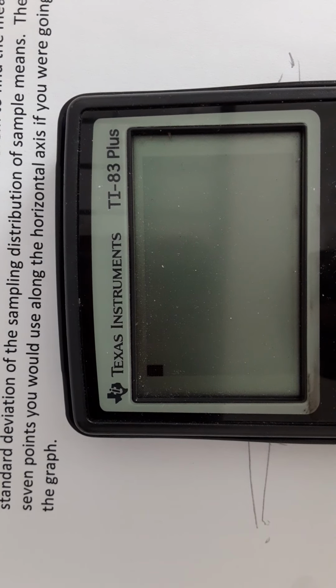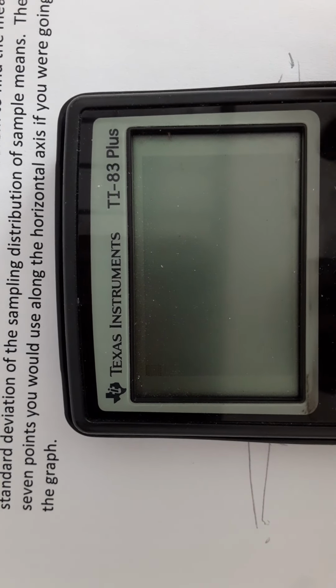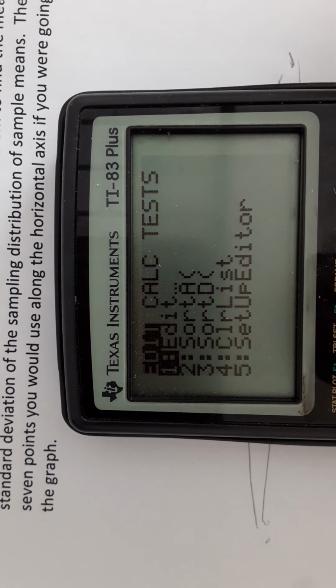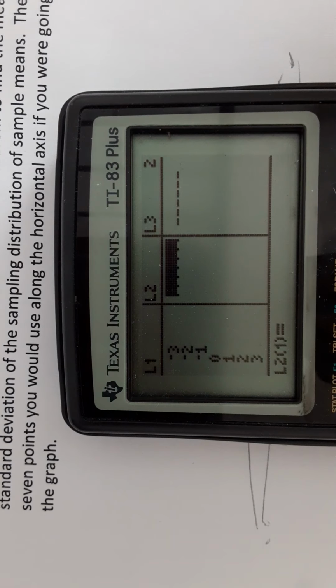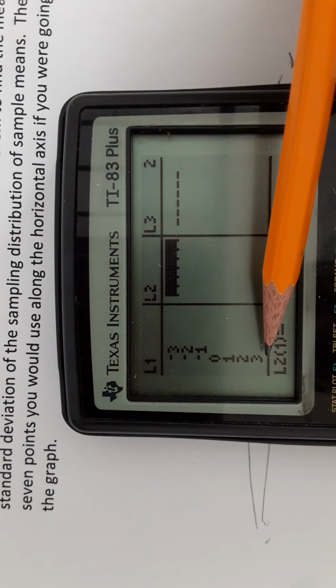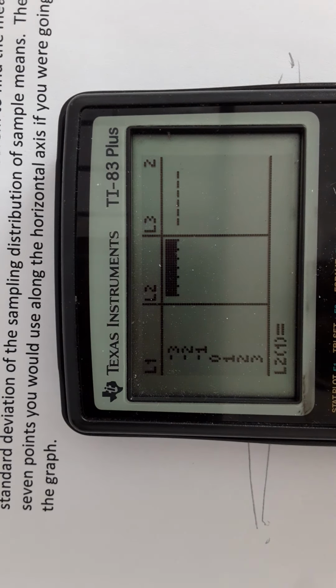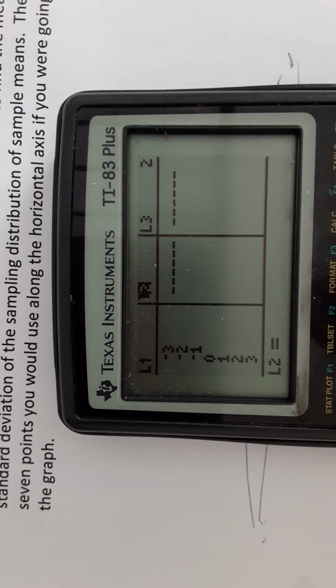So I'm going to use my calculator and go into the stat list. In the first list, I have the z-scores. Those are what's going along the hash marks. Now in list 2, I'm going to create a formula to give me the numbers that I need.